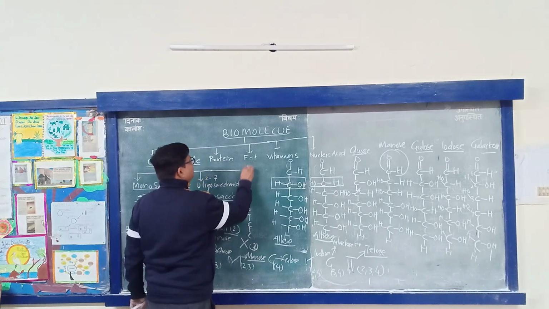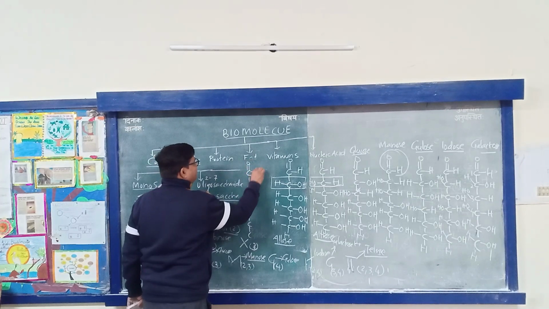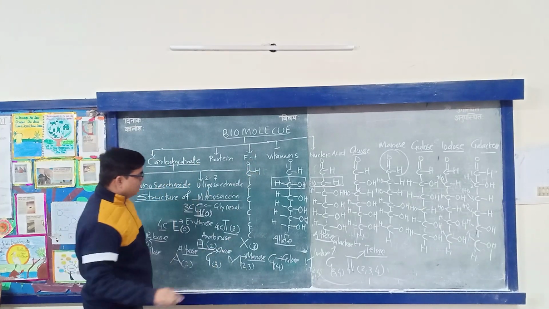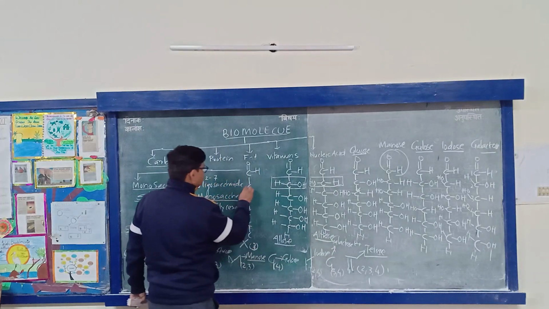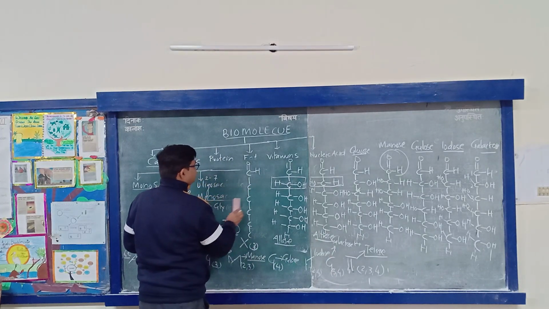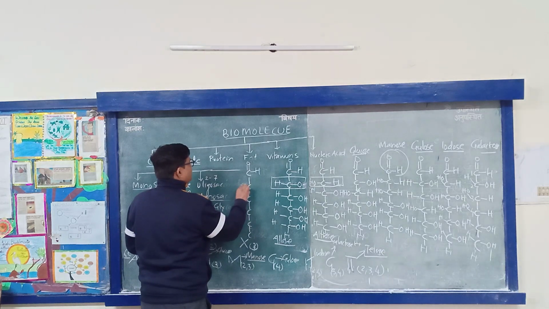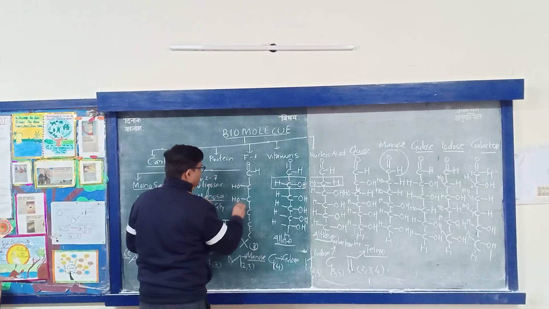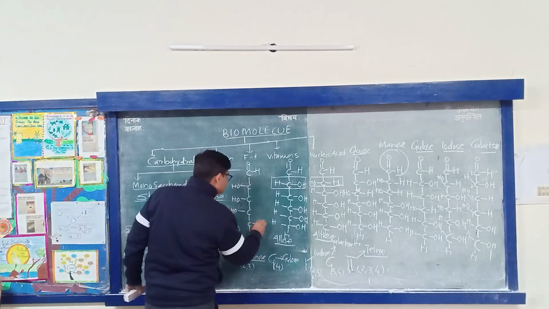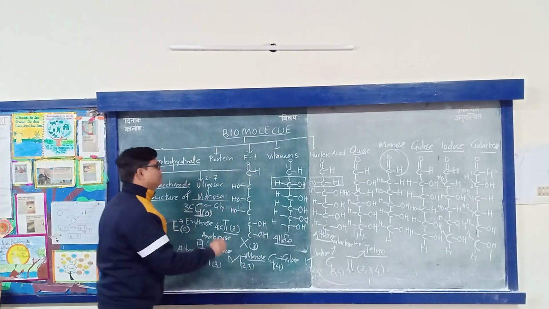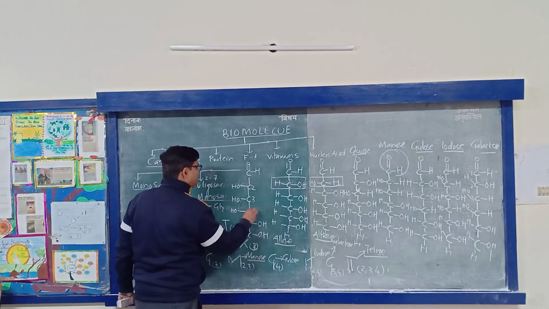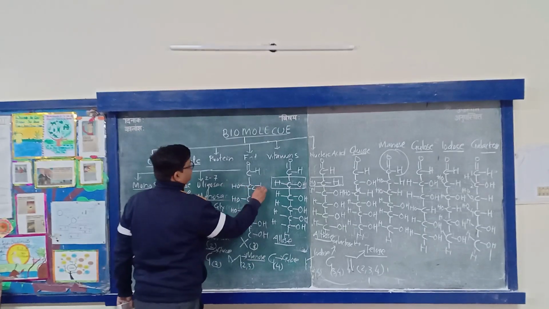So you have to draw the first carbon as aldehyde, and then you have to remember 2, 3, 4. At carbon number 2 you have to indicate the hydroxy group, and then the hydroxy group. Then on the rest of the carbons you have to put the hydroxy group on the right side. So you have to remember only 2, 3 and 4. And then you have to fulfill the valency.